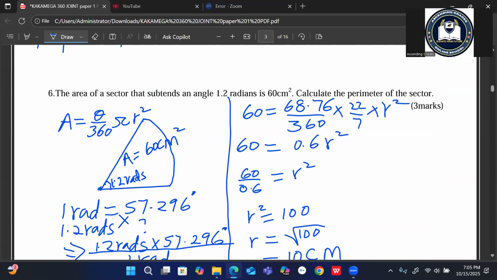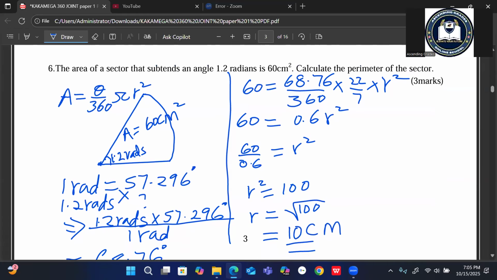So we have already obtained the radius. Now we need to calculate the perimeter of the sector. The perimeter of a sector of a circle is given by theta out of 360 times pi d plus d.